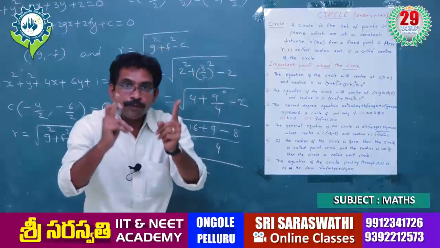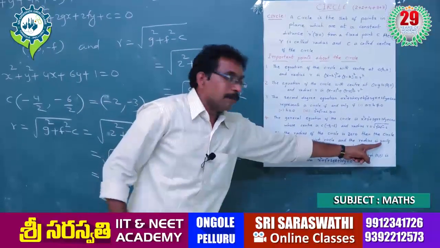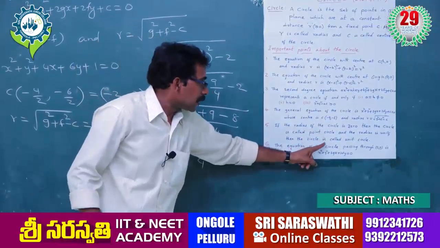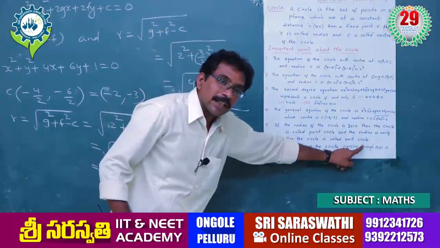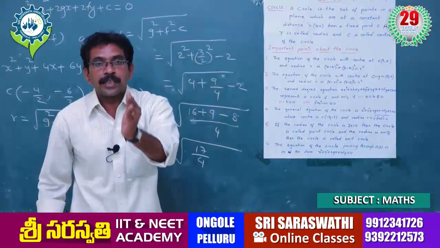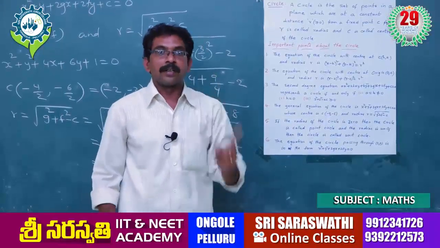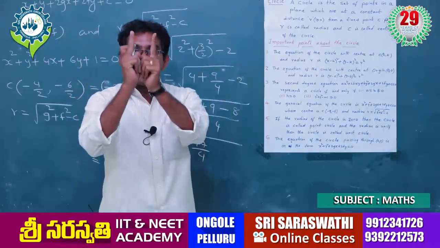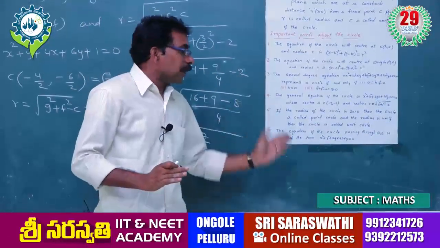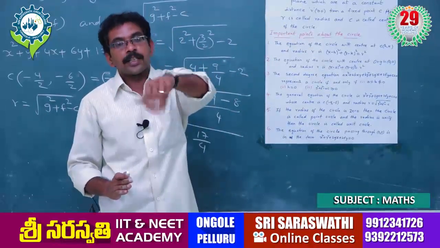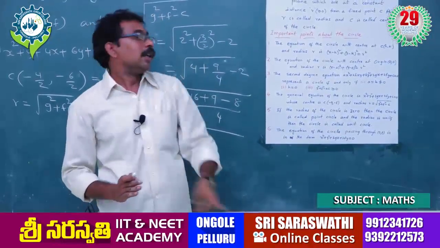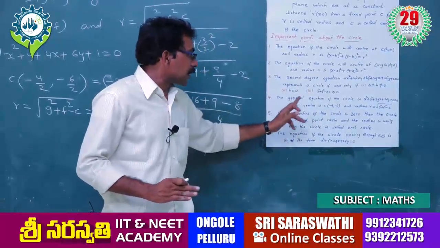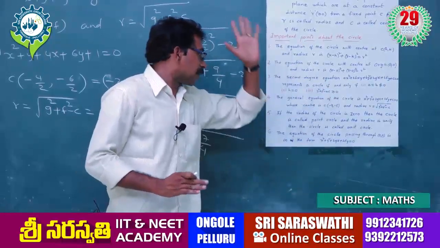Next, if the radius is unity, means if the radius is 1, then the circle is called a unit circle. So if the circle has radius 1, then the circle is called as a unit circle. If the radius is 0, then it is called as point circle or zero circle. If the radius is unity, then the circle is called a unit circle.